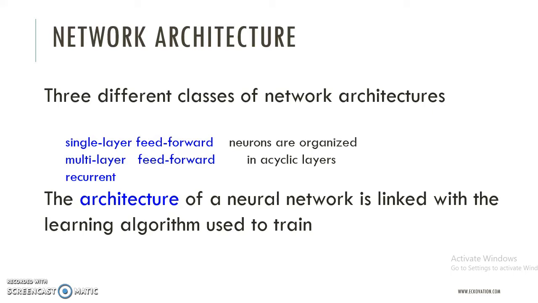So there are different network architectures. There are a lot of architectures, of which I'll let you know the three major ones: single layer feed forward, multi-layer feed forward, and the third one is recurrent. Okay, so these are the three major architectures that we're going to discuss.